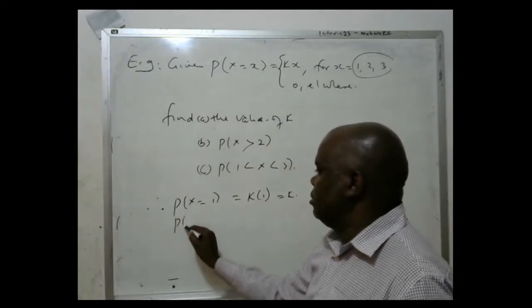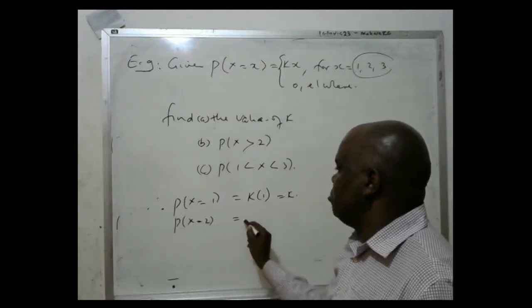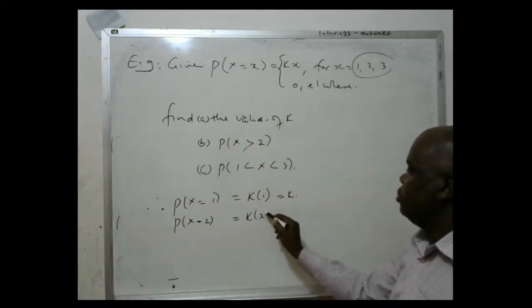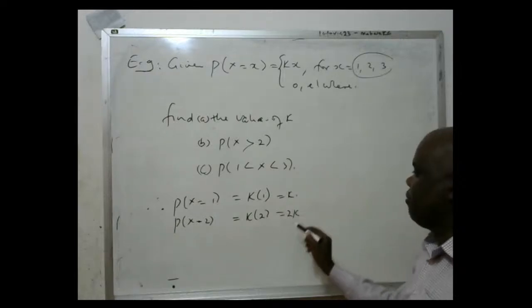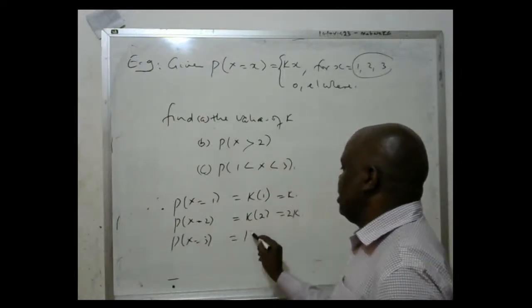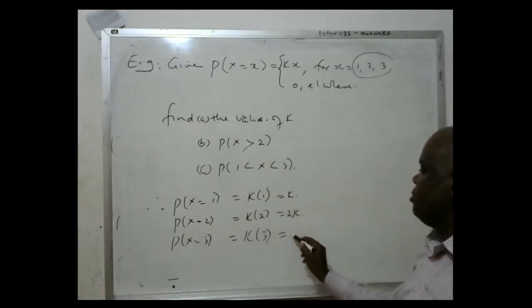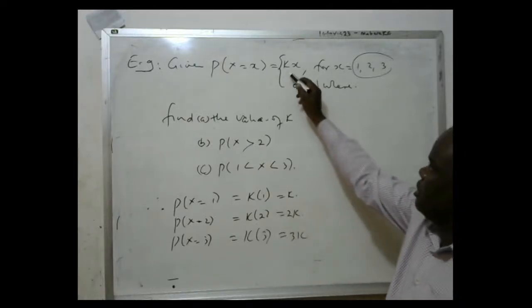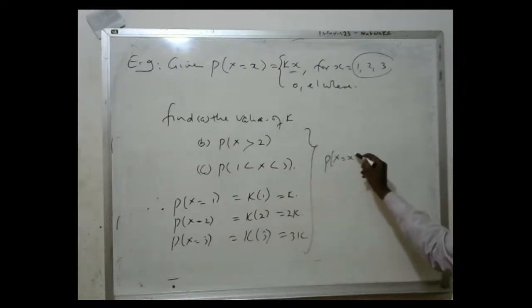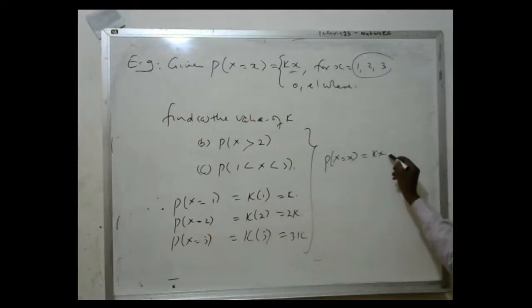The probability of x is equal to 2 shall be equal to k times 2, which is equal to 2k. The probability of x is equal to 3 shall be equal to k times 3, which is equal to 3k.